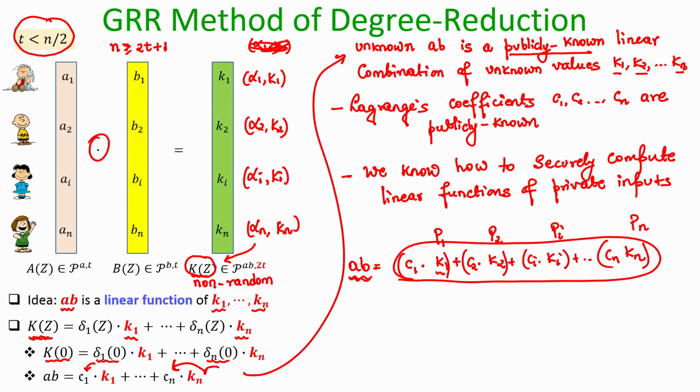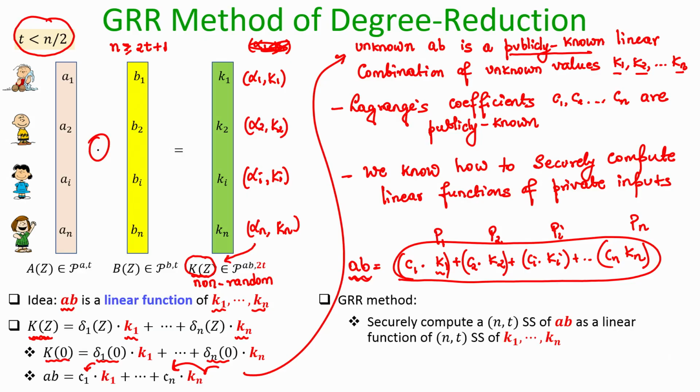The simpler case for the BGW protocol was when the inputs of the parties are available with the respective parties, and we want to compute securely just a linear function of that. It is very easy to compute that, and that is the scenario here based on this observation, and that is precisely what the GRR method does.